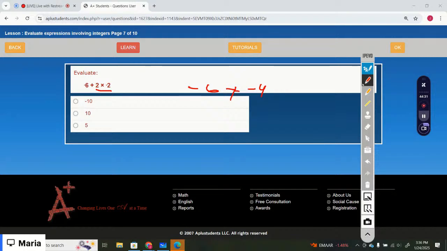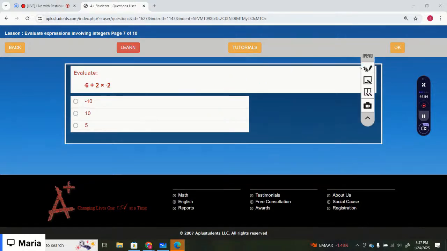Negative 10 it is. Option number 1 is the correct option, that is negative 10.